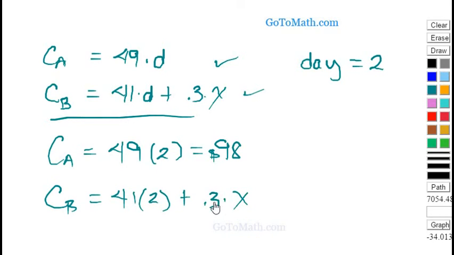You could say 0.30 if you want, whatever. And so this actually ends up simplifying down to 82. So it's going to cost you $82.